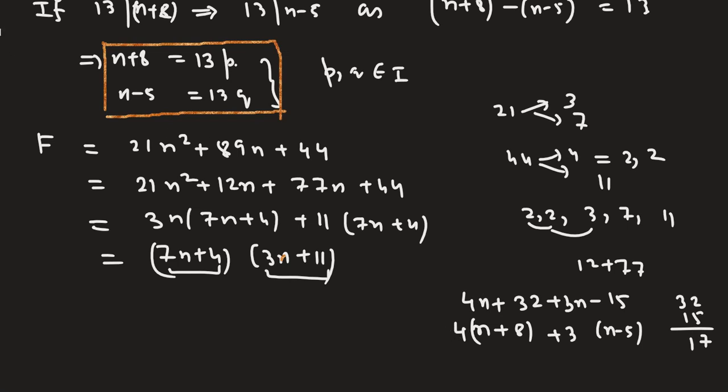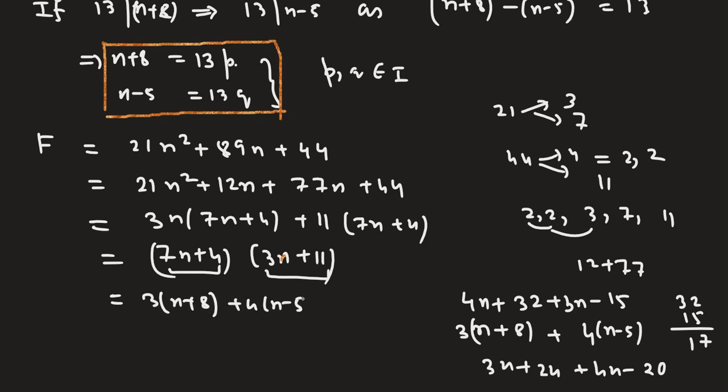So now if I consider this one as 3 and this one as 4, will it work? 3 and 4. So 3n plus 24 and then 4n minus 20. Yes, this factor you can write as 3 times of n plus 8 and 4 times of n minus 5.